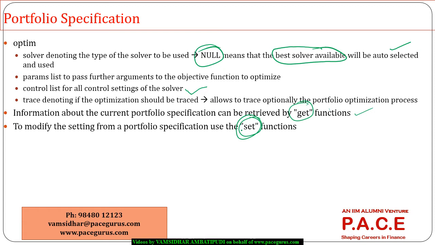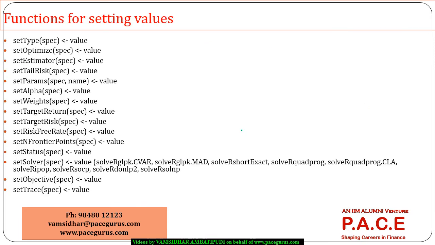So let's get started. So if you see here, there are different kinds. The set type, you can set it to either MV, the default is MV, but you can very well set it to LPM, or you can even very well set it to CY. Similarly, set optimize, you can very well set to minimum risk, which is the default one, or you can very well set it to maximum return.